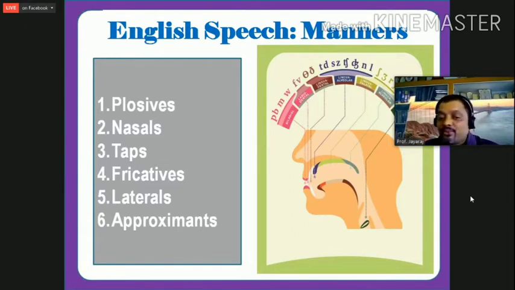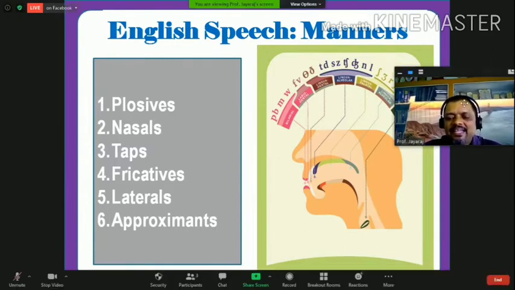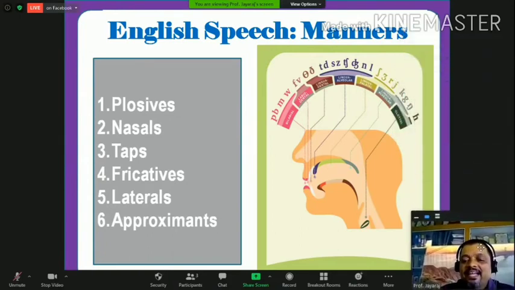But when it comes to Telugu, Telugu has 20 plosives. For example, if you take plosives, we have pa, ba, ta, da, ta, da, ka, ga.